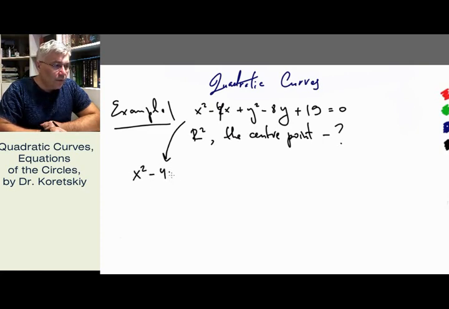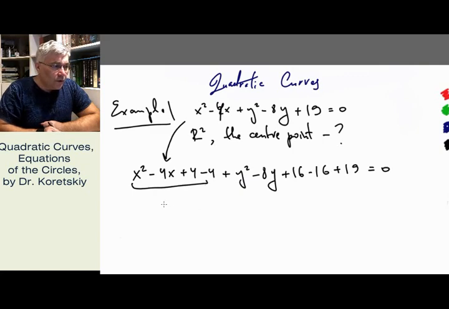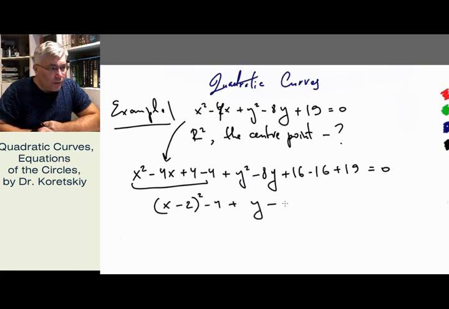So I have x squared minus 4x. I don't have 2x. For x it gives me 4 extra and minus 4, plus y squared minus 8y plus 16 and minus 16 and plus 19. These three terms give x minus 2 squared minus 4 plus y minus 4 squared minus 16 plus 19 equals 0.